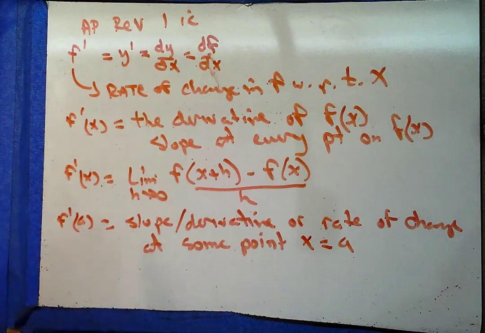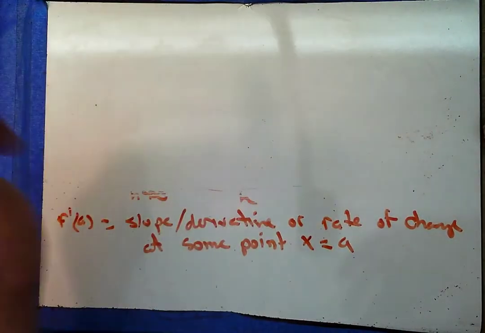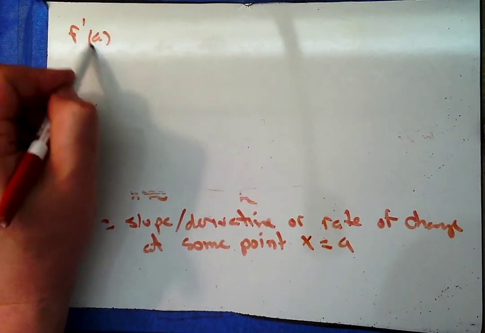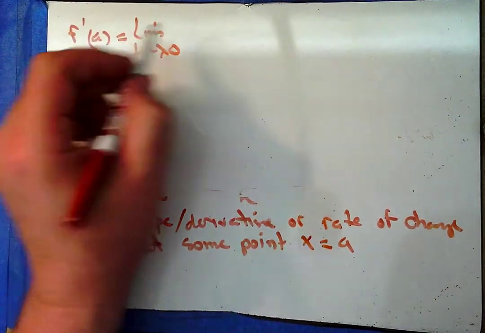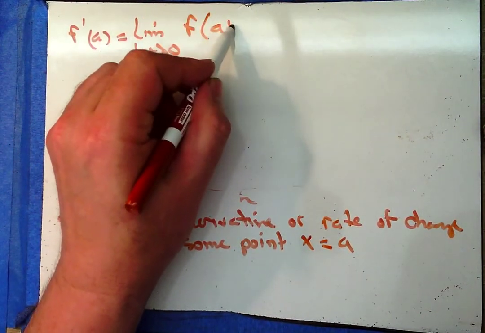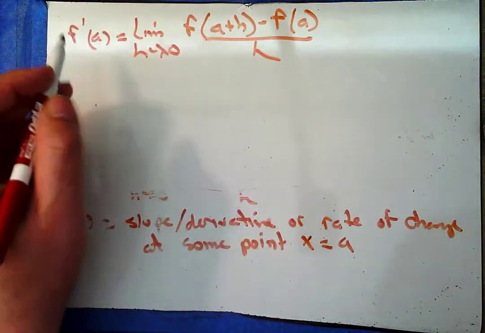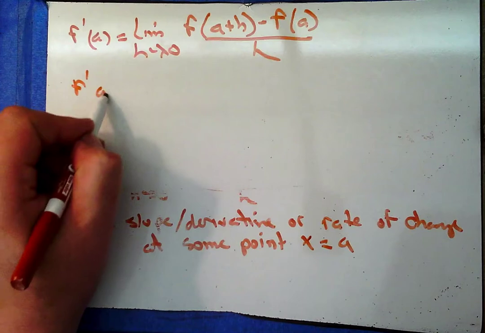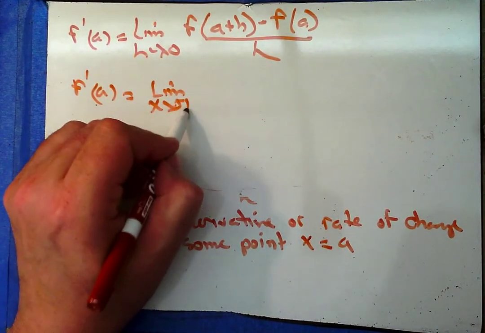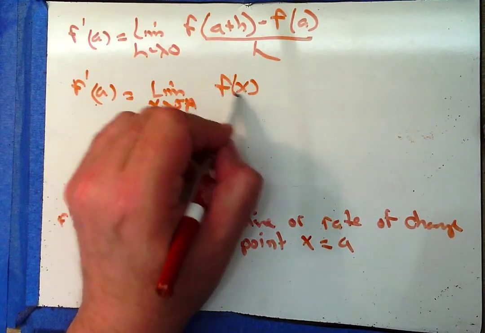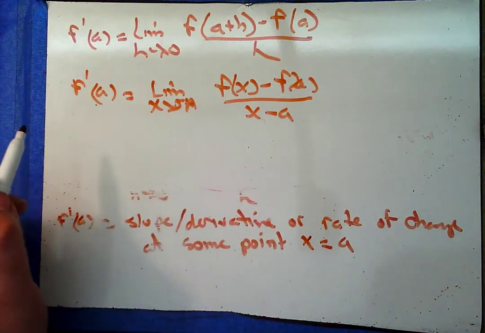And if we're talking about f prime of a, then we've got some limit definitions of the derivative for that, right? f prime of a equals the limit as h heads to 0 of f of a plus h minus f of a over h, or that alternative form that we learned: the limit as x approaches a of f of x minus f of a over x minus a.